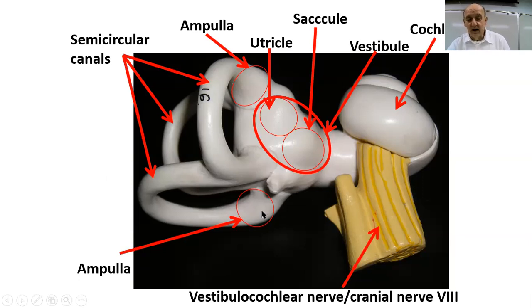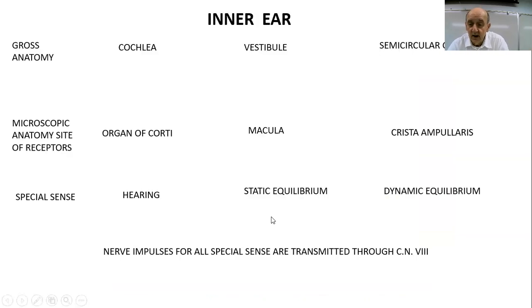Well, it also helps, of course, maintaining proper body position. Inside the ampulla is where the crista ampullaris is located. And again, dynamic equilibrium allows us to detect the spinning or slowing down, speeding up of our entire body.